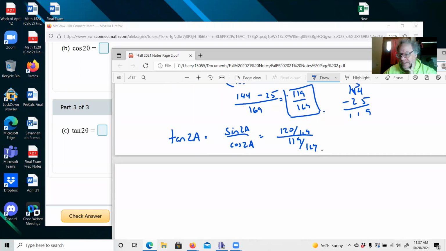So we can figure out that complex fraction, which is equal to 120 over 169 times 169 over 119. Those cancel, so we have 120 over 119.